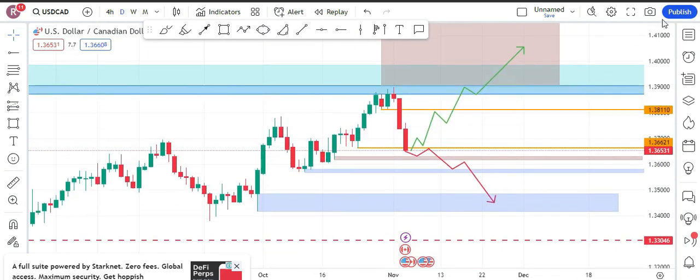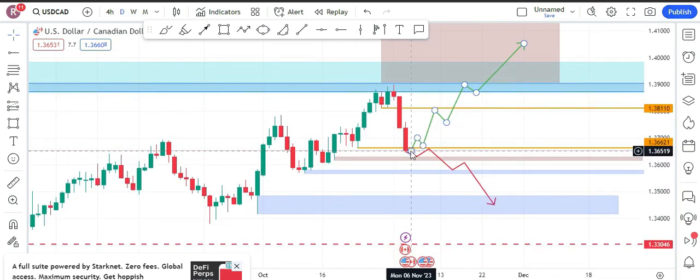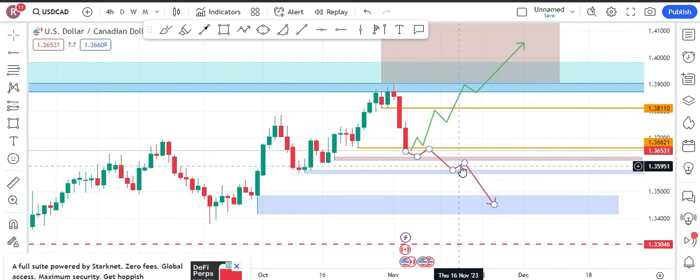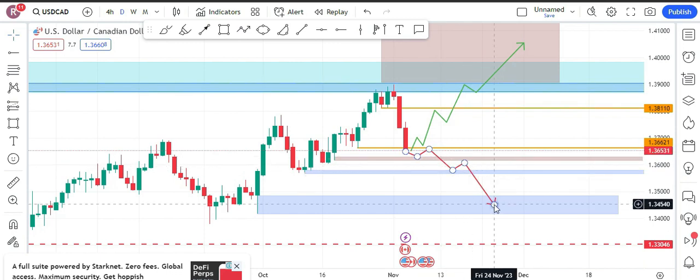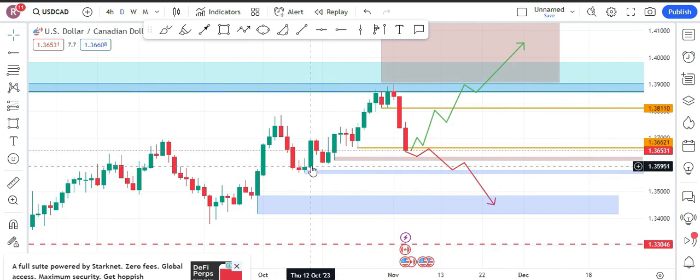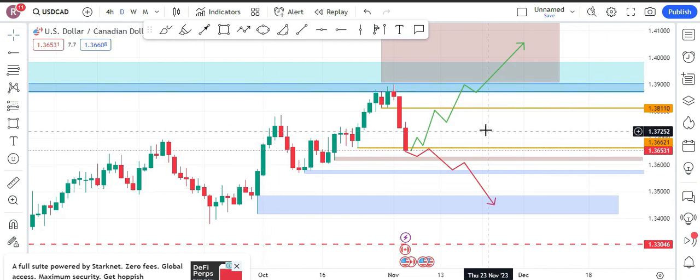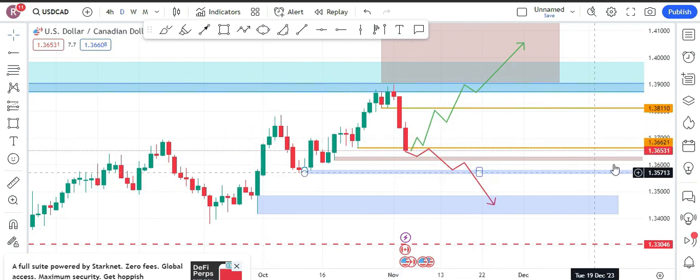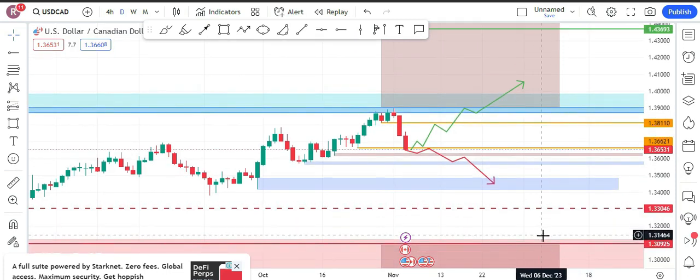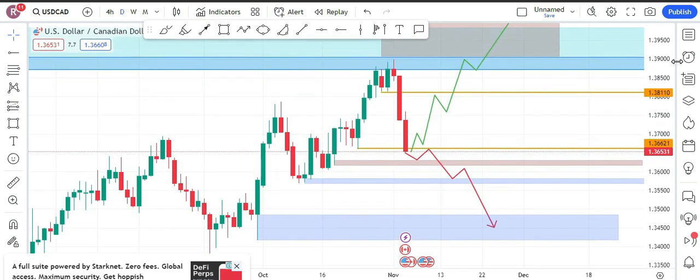So I prefer to take the trade now, a sell trade, and it will come here again, and maybe we'll grab some liquidity from either here or here, because we have been left with a very big fair value gap. On the contrary, before coming to this zone here, it requires higher liquidity.